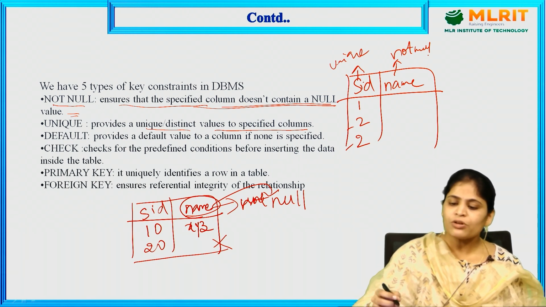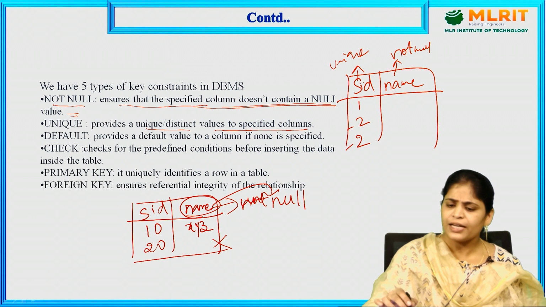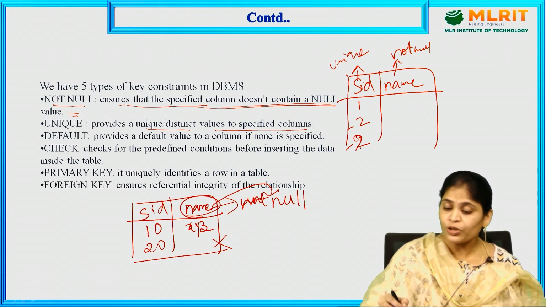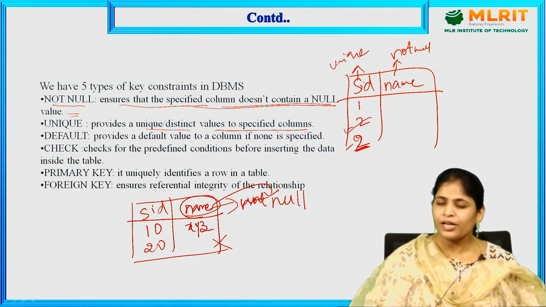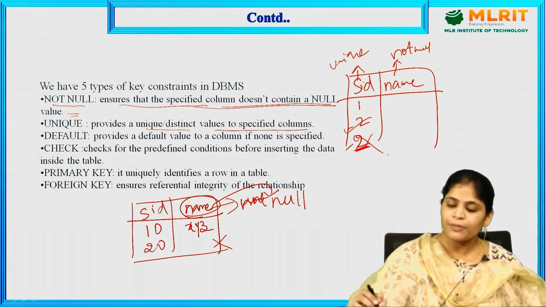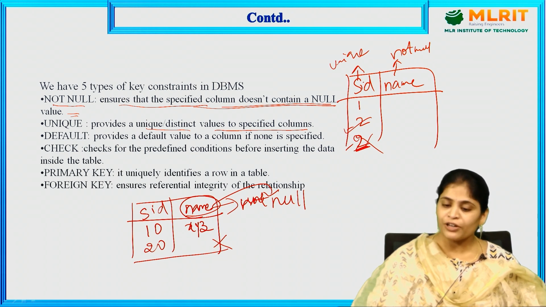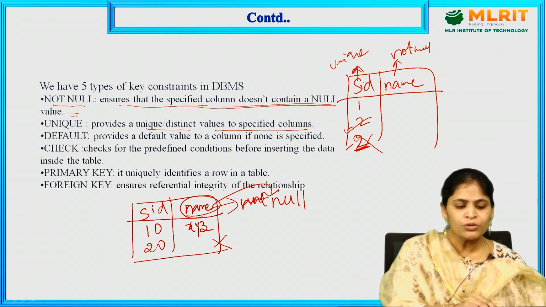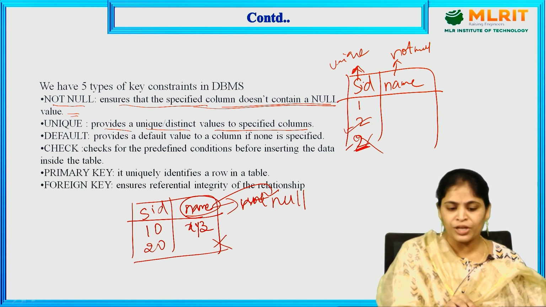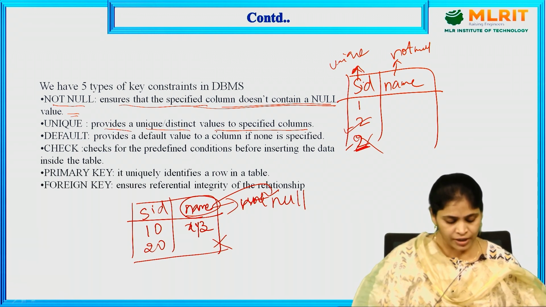If I declare SID as unique and then give the same ID, it will again restrict. Why? Because 2 has already been given, the ID already exists, so it will not accept the same value again if we declare it as unique. So the unique constraint provides unique, distinct values to specified columns.